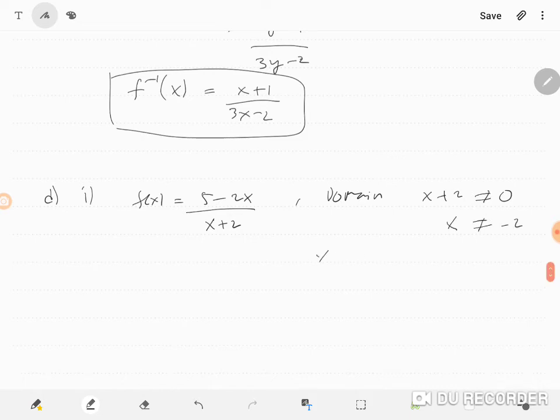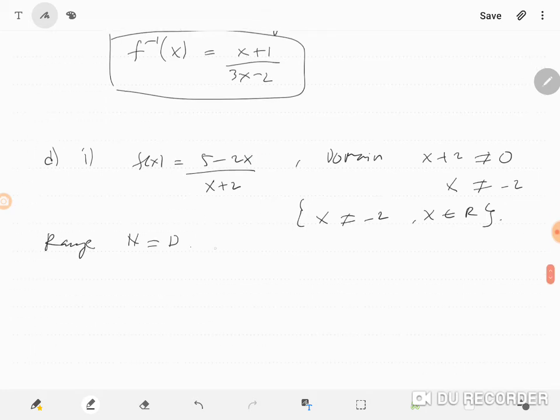So the domain is x not equals to negative 2, x element of real. This is for the denominator, I mean the domain. And then the range is you find the horizontal asymptote. It means the power of numerator equals the denominator, they are the same, x power 1, x power 1.